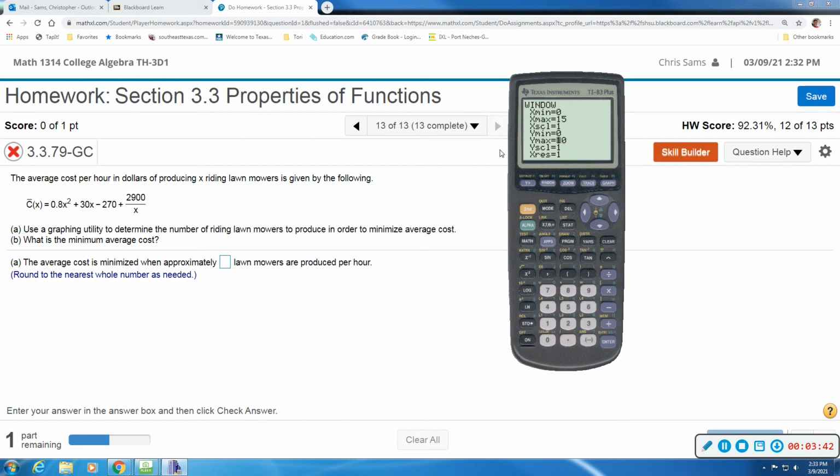We had a really high value of 2,600, so I want to be bigger than that. I'm going to go to 3,000. And then I'm going to let my Y scale count by, let's count by 20s. That'd be a good place to start. All right, so now we're going to graph.